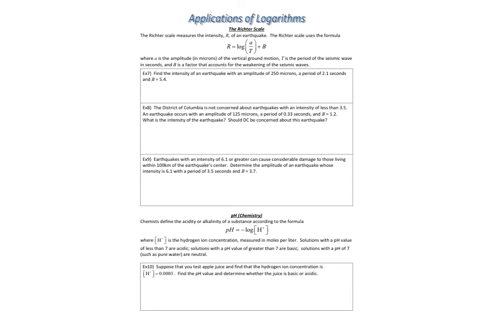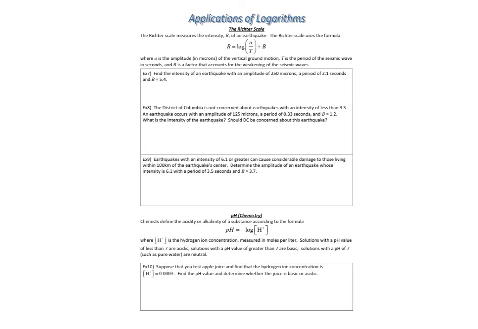Kind of like with everything else that we're talking about, some of these formulas are overly simplified. If you talk to somebody who's an expert in the Richter scale, they'd be like, what kind of formula is that?